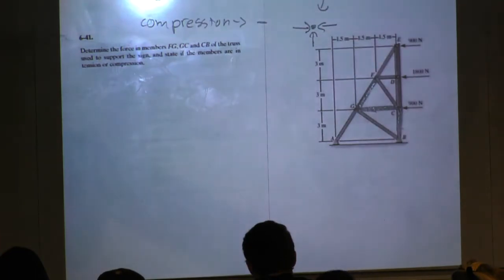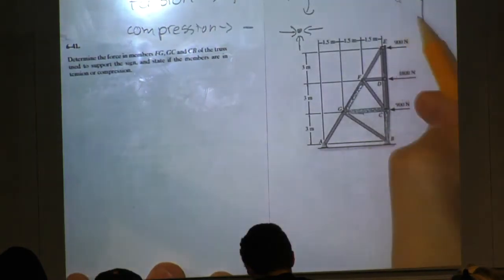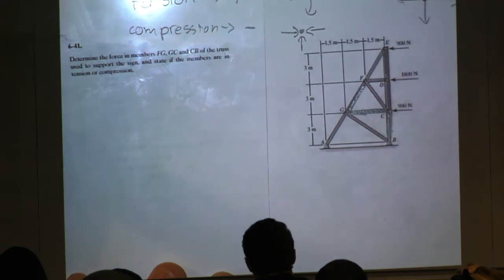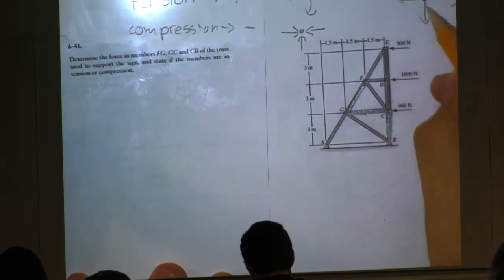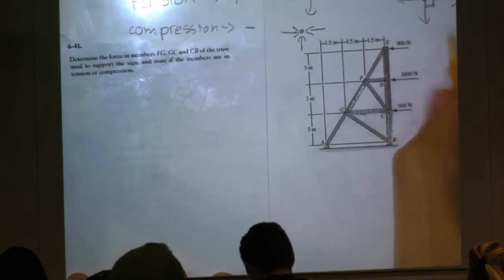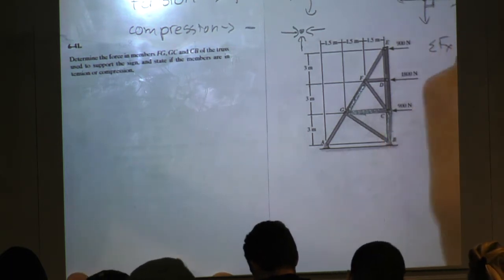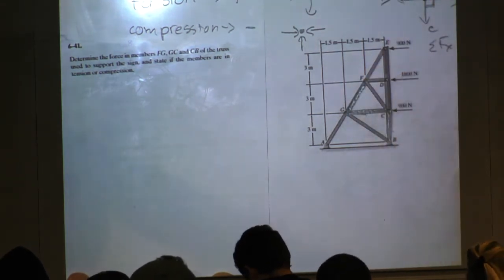All right, so the first thing we want to do in most truss problems is identify any zero force members. Something key that will tell us right away if we have a zero force member is this little thing right here. It's collinear forces, right? If we have two members meeting and we have a third that splits orthogonal to them, then if we do our sum of forces in x, let's say this is A, B, C, and this is O, I know it has to be equal to 0, right?